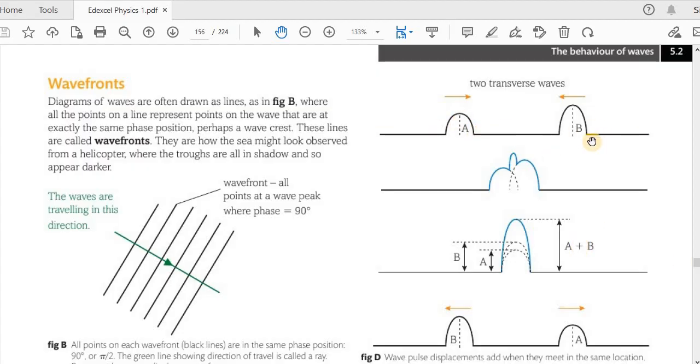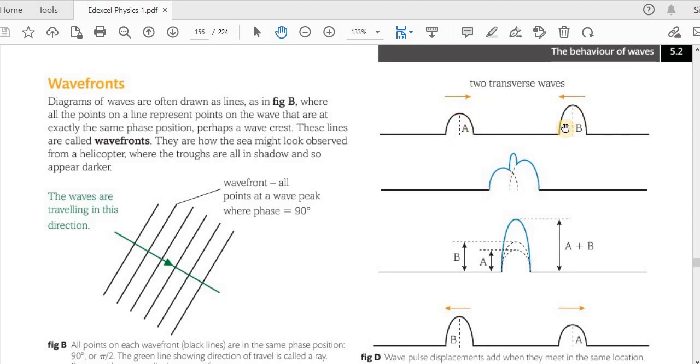We can say displacement because amplitude is the maximum displacement, but this is not having maximum displacement everywhere. It's a transverse wave, so it can't suddenly have the same amplitude everywhere.